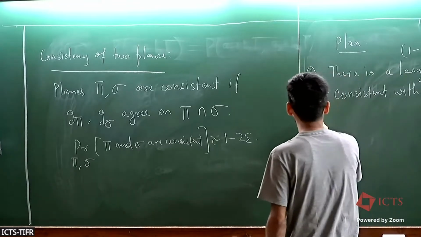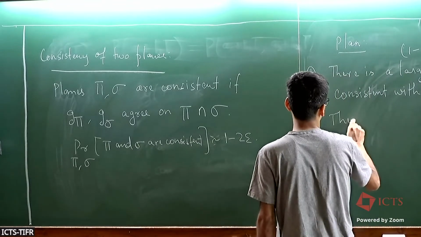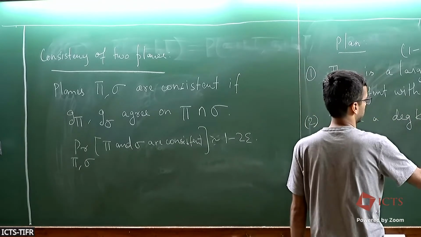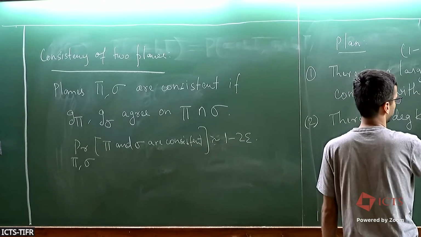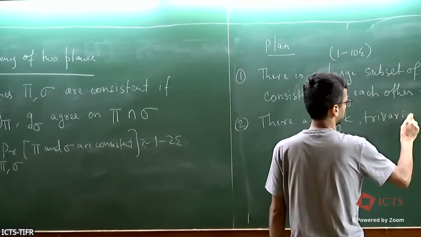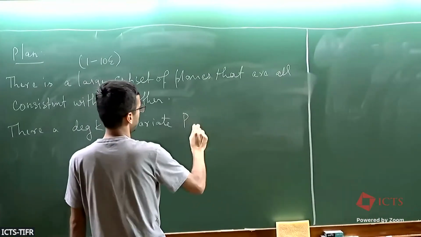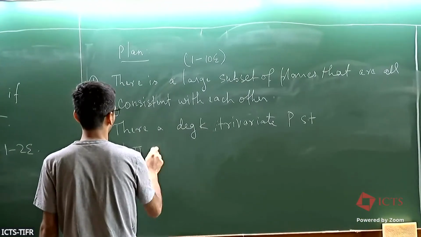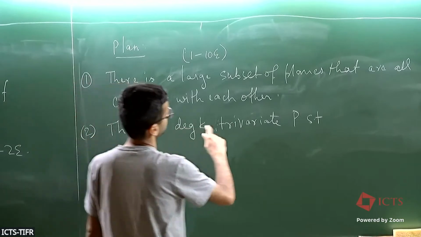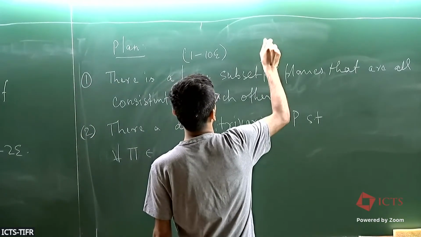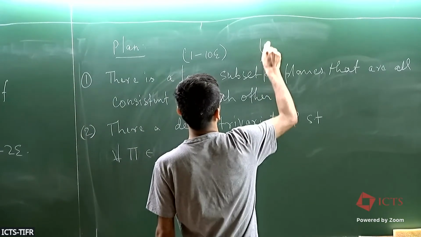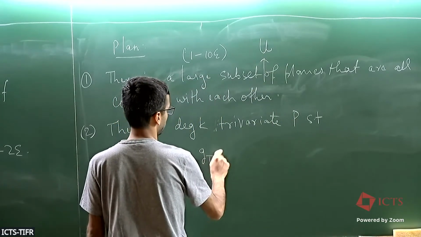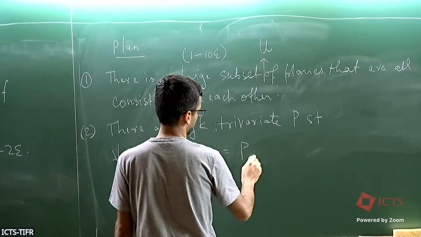The second part would be that there is a degree k trivariate P such that for all pi in the set, let's call this set U, G sub pi equals P sub pi.